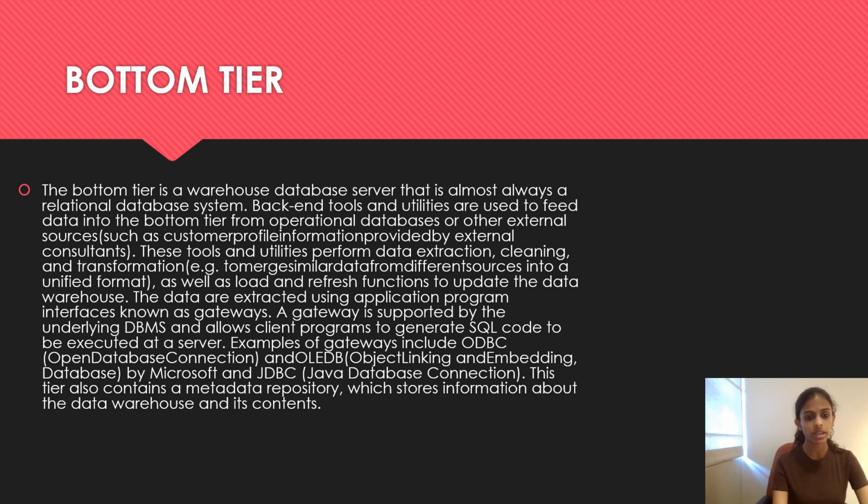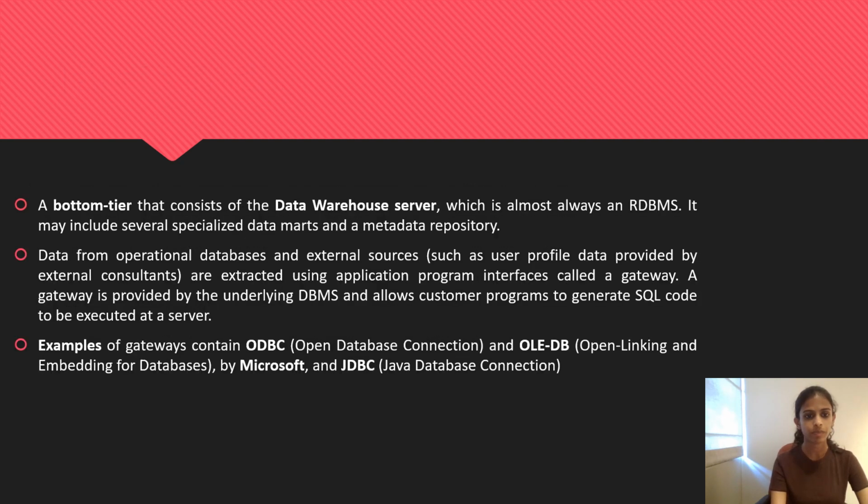This tier also contains a metadata repository which stores information about the data warehouse and its contents. A bottom tier that consists of the data warehouse server, which is almost always an RDBMS. It may include several specialized data marts and a metadata repository.